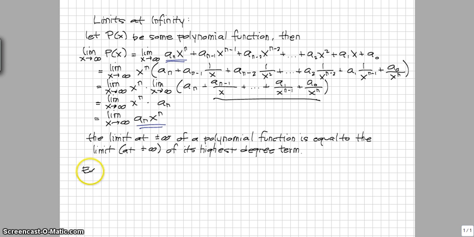So here we go. Here's an example. We'll find the limit as x approaches negative infinity of 7x to the fifth minus x cubed minus 100 x squared.